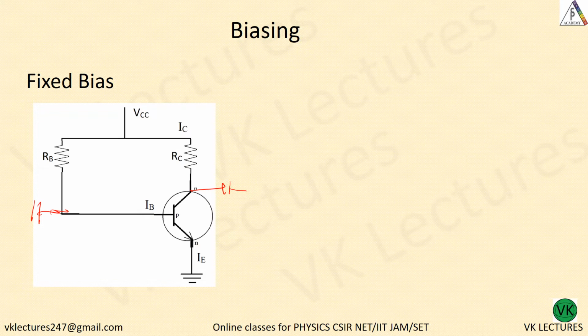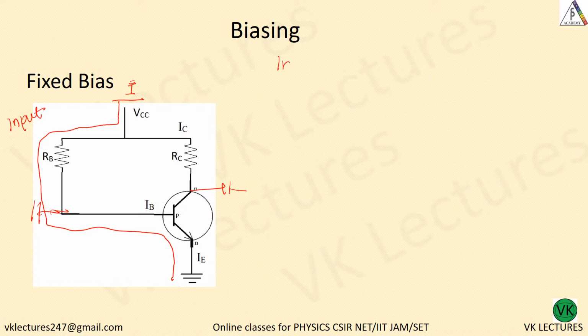You start from this point, this is your input, because this is the positive side and the negative side will again get connected to the ground, and this is also connected to ground. So this becomes the input side of the transistor circuit.